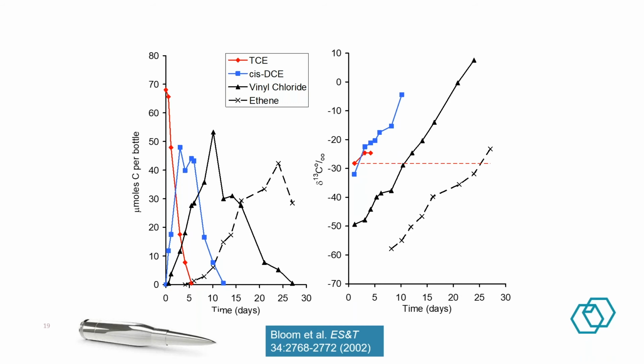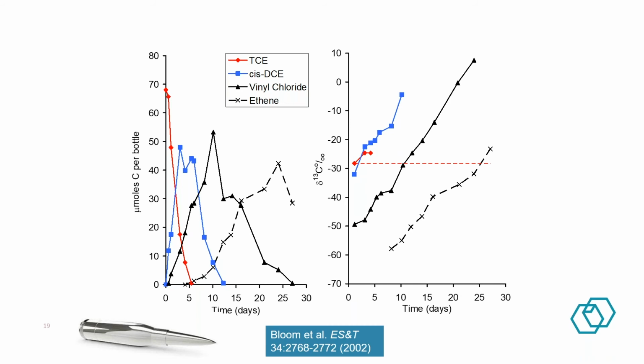But maybe someone has been lucky enough. Anyway, as the TCE goes down in concentration, the cis-DCE is produced, goes up, hits a plateau, and starts to come down again. As it's coming down, the VC goes up, then comes down, and as the VC is going down, you have the ethene. That's what we would normally see if we were looking at concentrations.